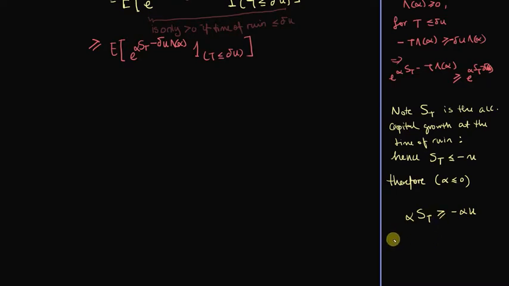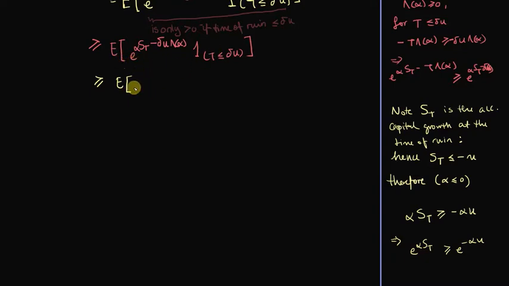And that then implies that e to the alpha S_t is greater than or equal to e to the minus alpha u. And therefore this goes on to manifest in the mean value.